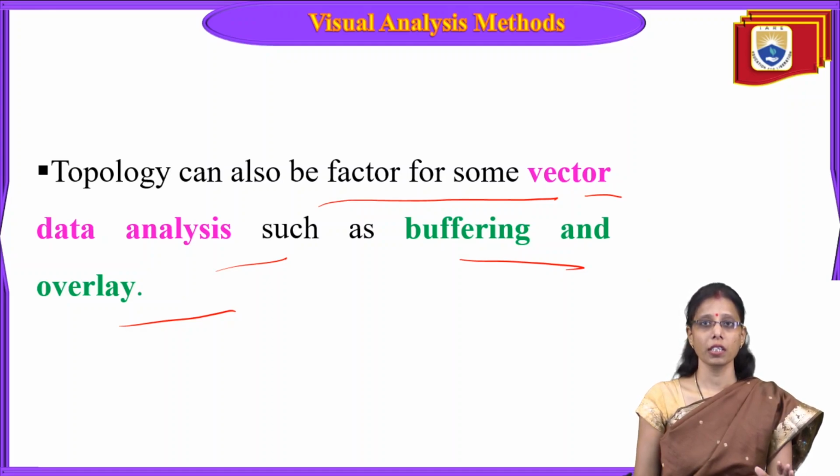Topology is also a factor that can help us do the analysis, and when you are going to do the buffering and overlay options, then we are going to do this kind of analysis. So what is buffering and overlay? Let us understand.